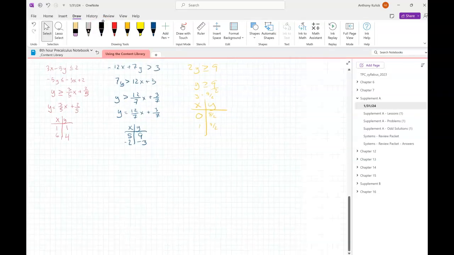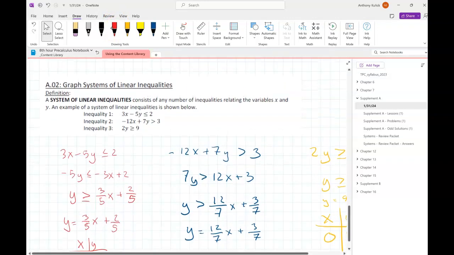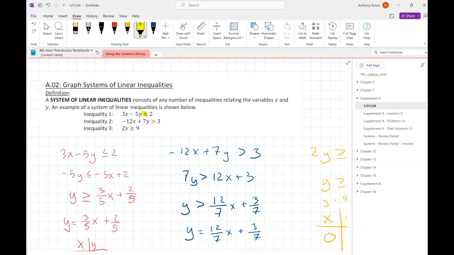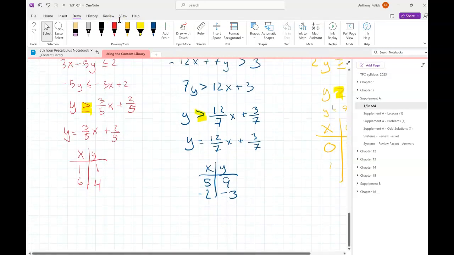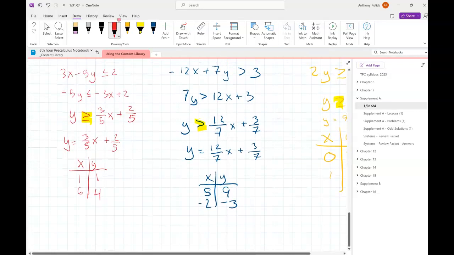All right. So now, what I want to do is decide whether the lines that I'm drawing are going to be solid or dashed, and whether I should be shading above the inequality or below the inequality. So all of that information is told to me by the type of inequality I have. Because it's a greater than or equal to, the or equal to tells me the line should be solid.